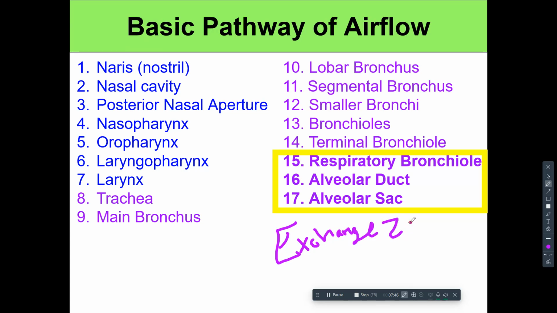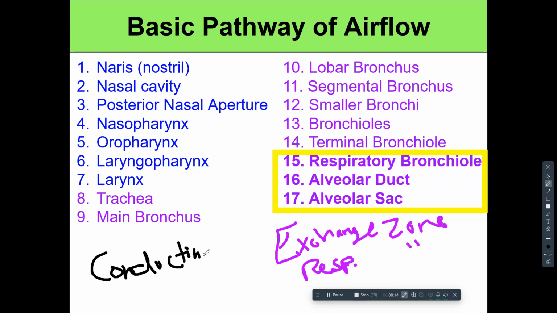So my exchange zone or my respiratory zone are those bold structures. And of course, with a name like exchange zone, that is where we are doing gas exchange. The unbold things, everything else, that is going to be my conducting zone. That is where I am moving air, but I'm not doing exchange.